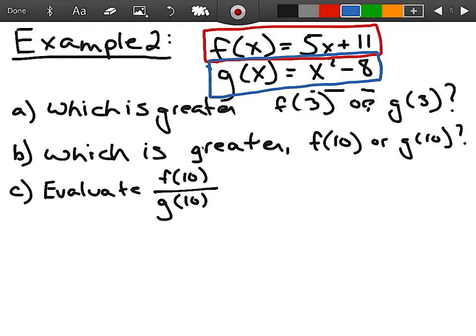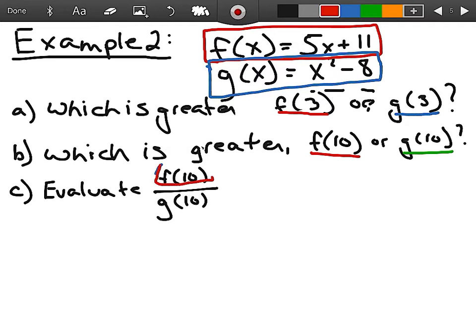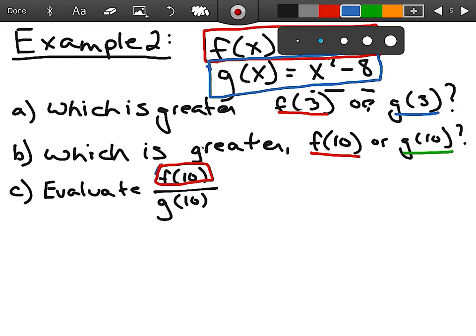So the first thing we want to do is look at what f of 3 is and then compare it to g of 3. And then do the same thing with f of 10 and g of 10. And then for part b, we're going to divide the f of 10 by the g of 10.